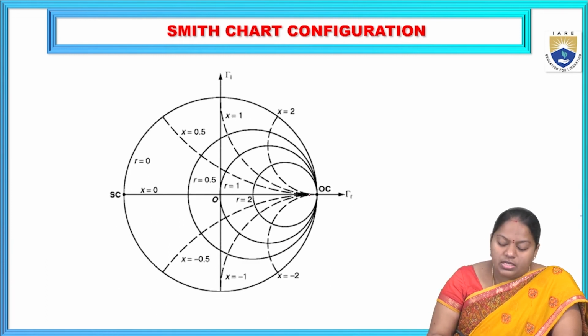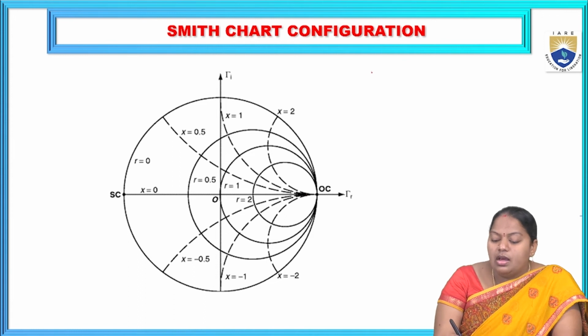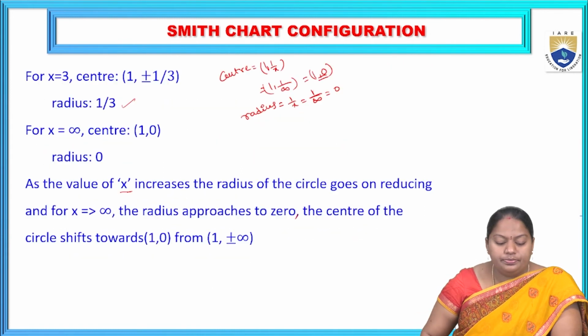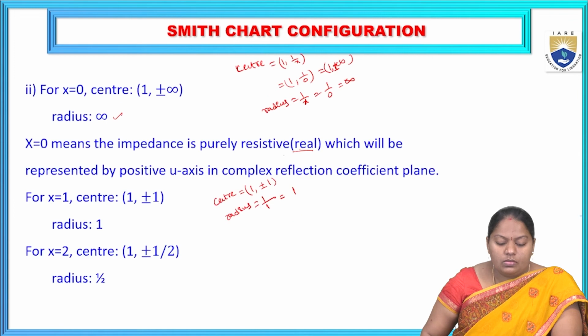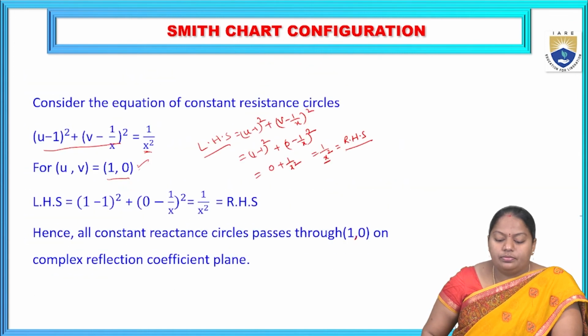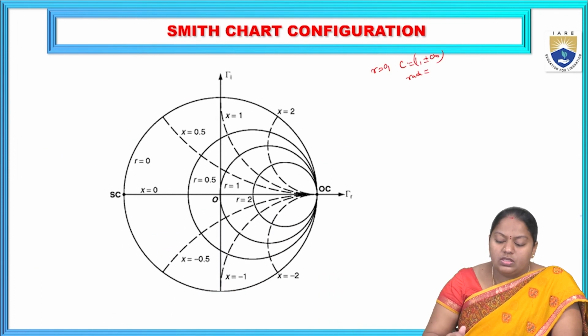See, for the first case, if you select x equal to 0, the center is at 1 comma plus or minus infinity, and the radius is equal to infinity.